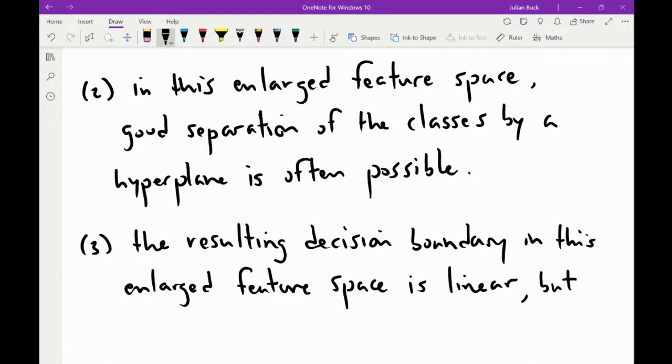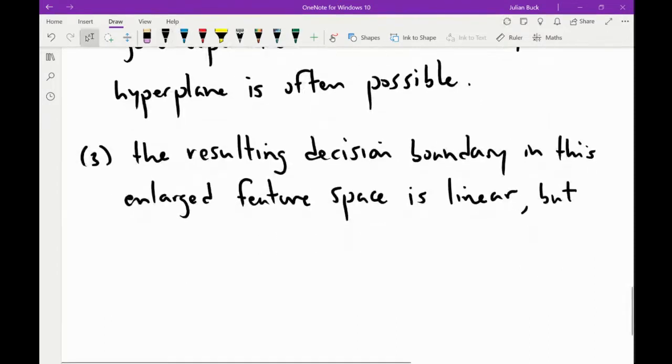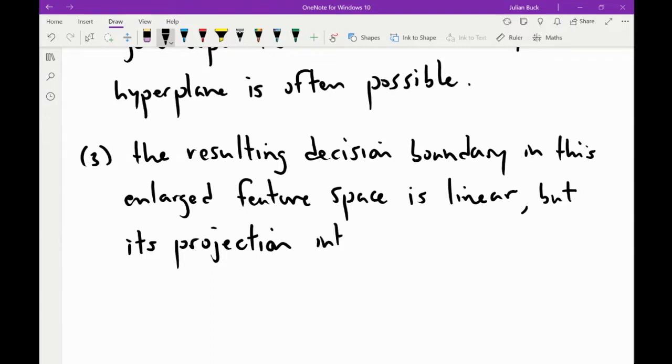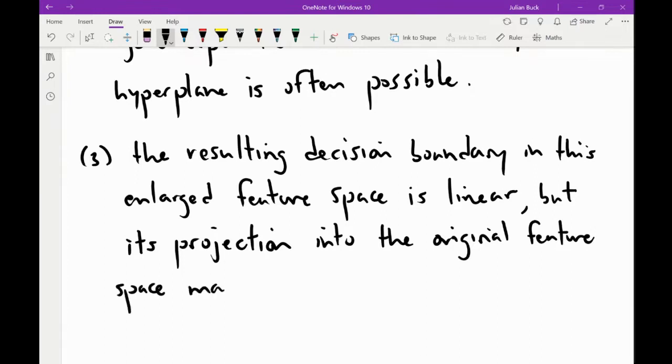But its projection into the original feature space may be, and most of the time will be, nonlinear. You typically aren't going to get a linear decision boundary from doing this, because the linearity in the higher dimensions is not going to hold.